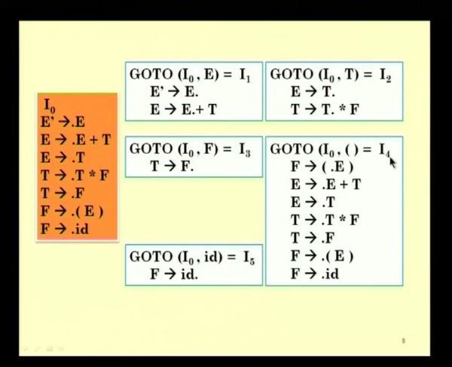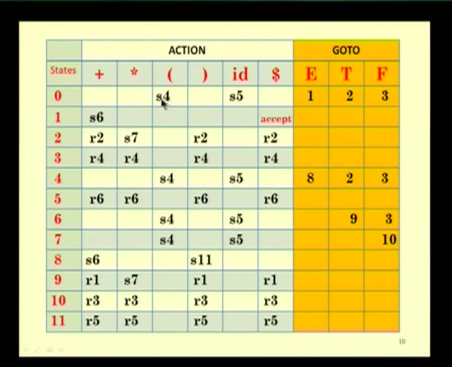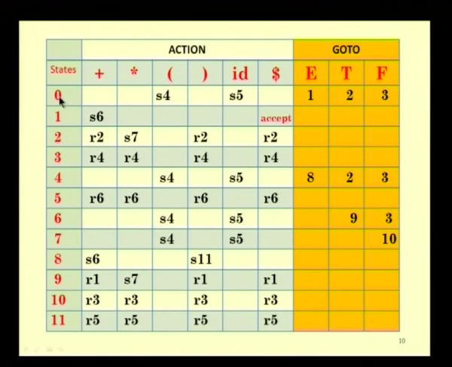So that is S4 as far as the state number 0 is concerned. For opening bracket we have S4, it is because F derives dot opening bracket E closing bracket is in I0, goto of 0 comma opening bracket goes to 4, we are having S4 here.